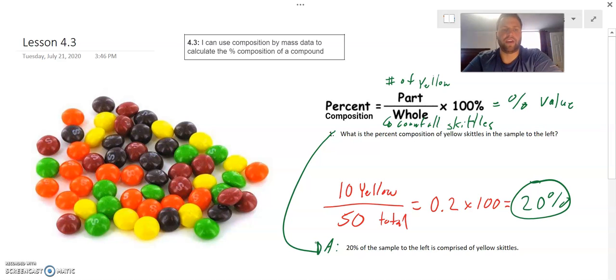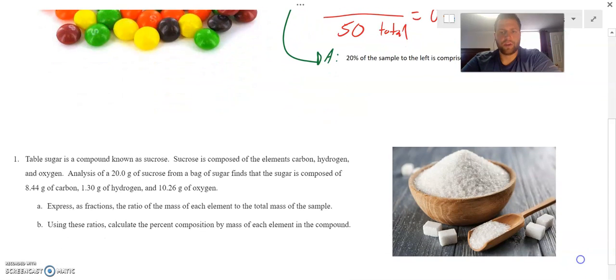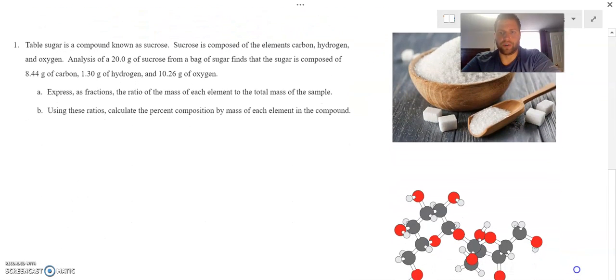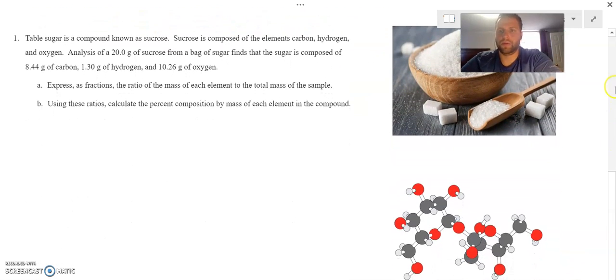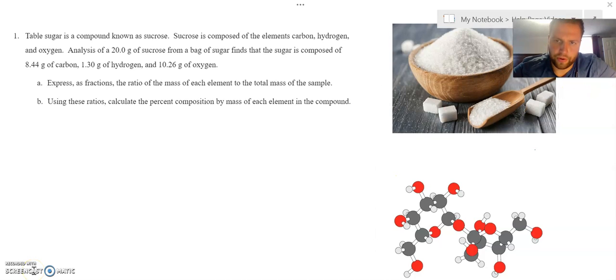So this was kind of a simple everyday example, but what we can do is extend this concept to compounds of chemicals. So here what we have is sugar, and below it here we have a single molecule of sugar.